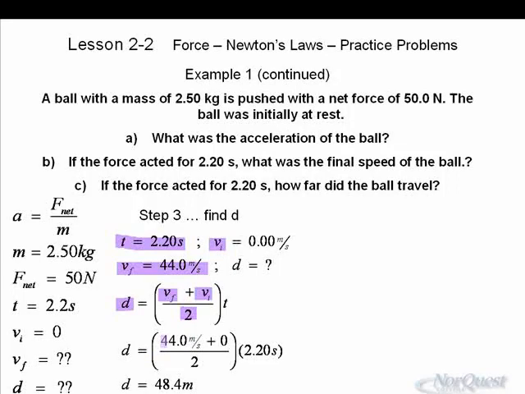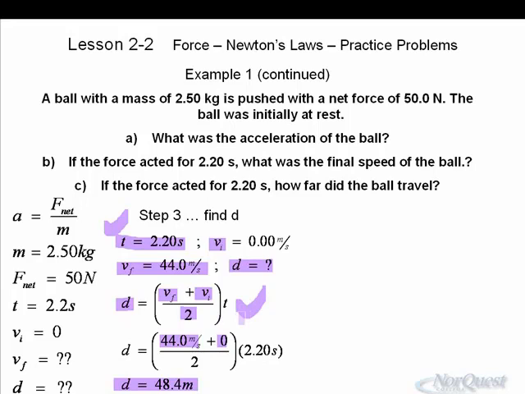The average velocity is just the final, 44 plus 0, divided by 2, 22 times 2.2 gives us a displacement, or a distance in this case, of 48.4 meters. So that's one good solution. Notice we used 3 givens and 1 unknown, and we picked an equation that was appropriate for that.